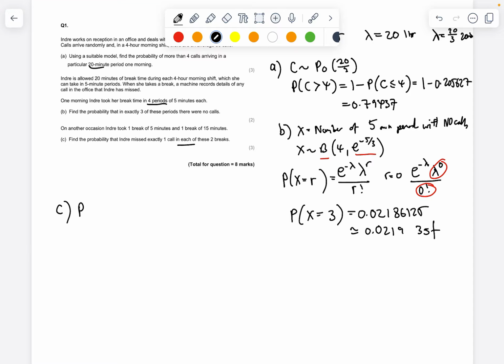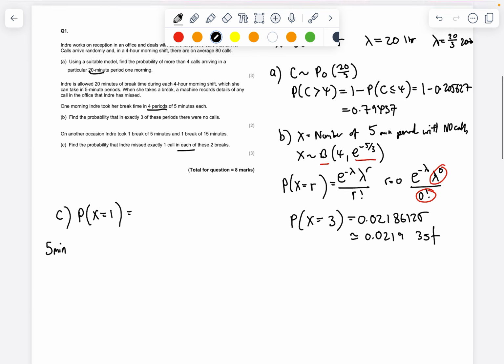Right, so the probability that X equals 1. For the 5-minute break, we've got to work out what our lambda is.